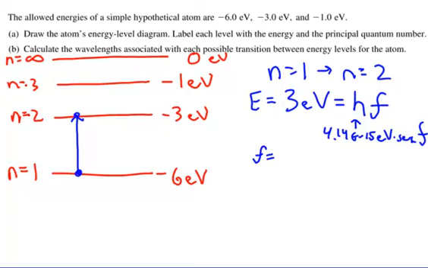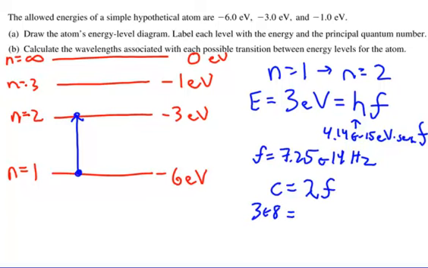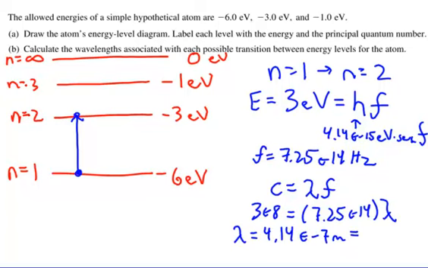actually, let me figure that out real quick. I get a frequency of about 7.25 times 10 to the 14th hertz. And now I can put that into c equals wavelength times frequency, and I know that's 3 times 10 to the 8th meters per second, and my frequency is 7.25 times 10 to the 14th hertz, and so I am going to end up finding my wavelength, of course, and I end up getting my wavelength is 4.14, try this on your calculator, times 10 to the negative 7th meters, which is the same as 414 nanometers.